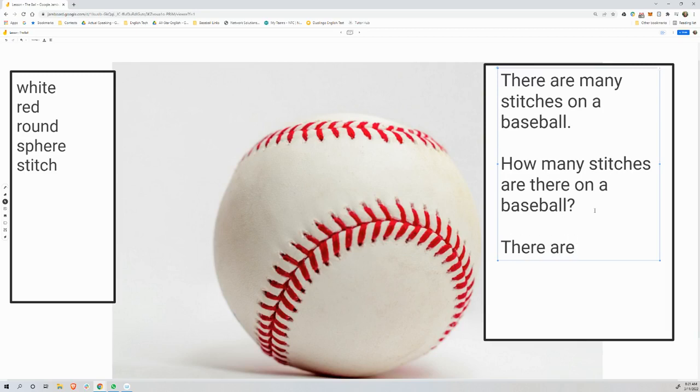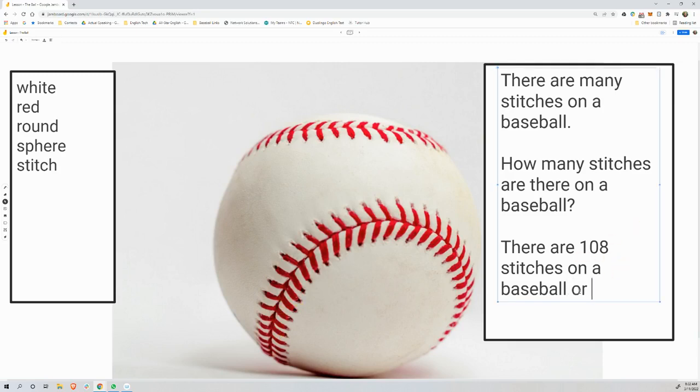There are 108 stitches on a baseball. You have 1, 2, 3, 4, 5, 6, 7, 8, 9, 10. 108.